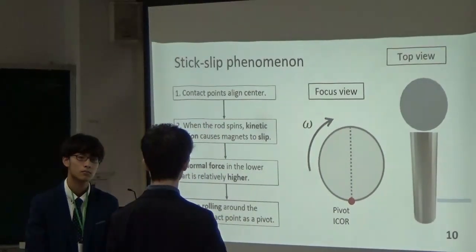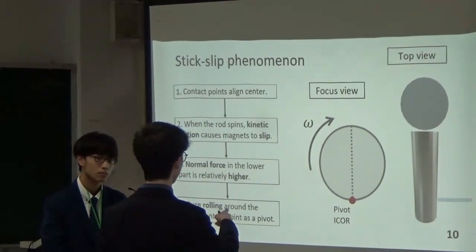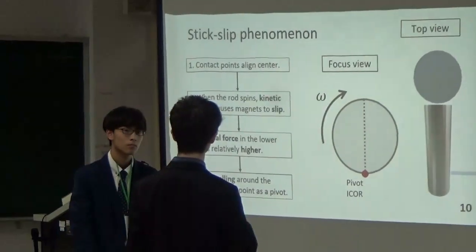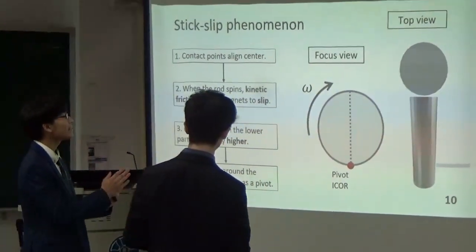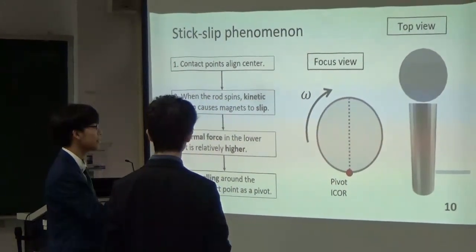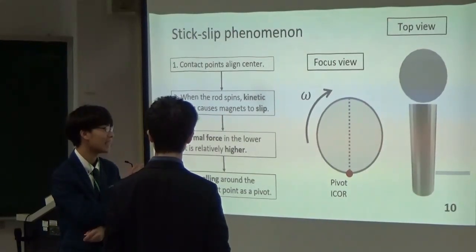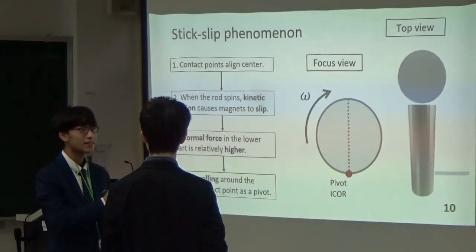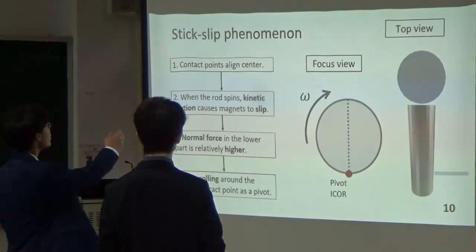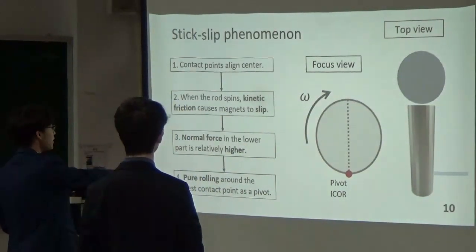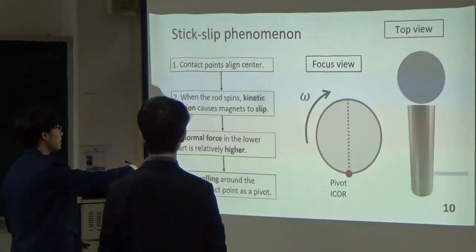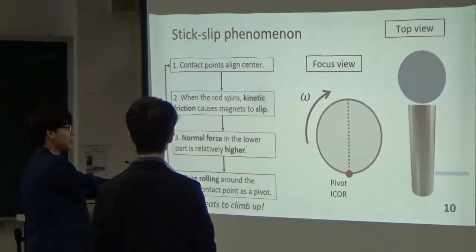So each time you repeat this experiment, is that point the same? It's at the same angle. However, the instantaneous center of rotation is changing continuously, because, as we mentioned, these steps happen continuously for the magnets to climb up.